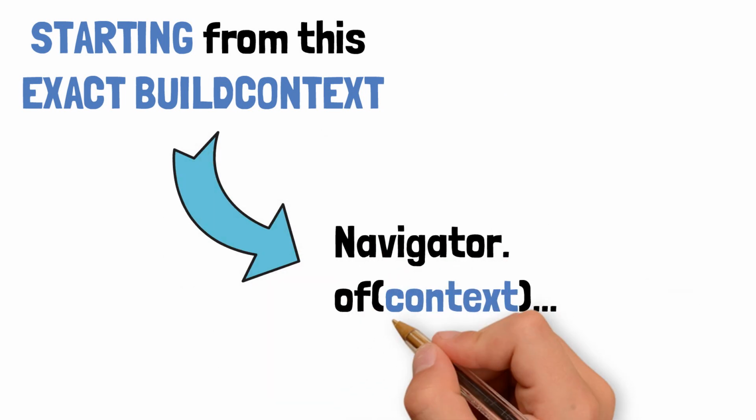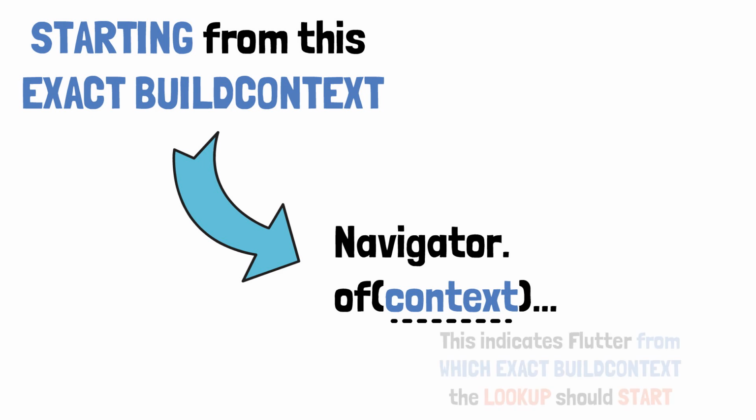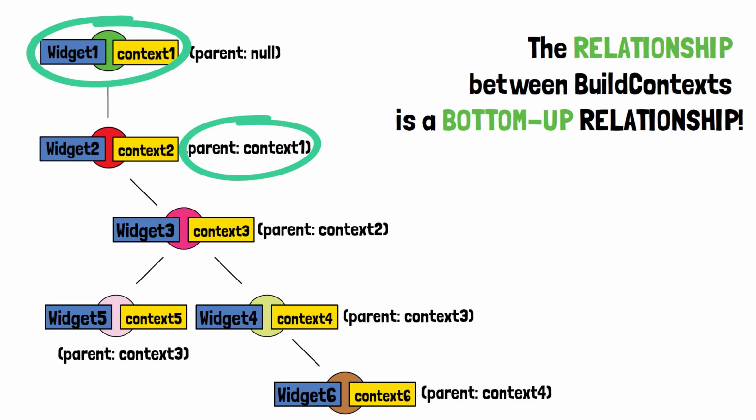As you can see, there is a BuildContext instance passed inside of Navigator state. This is done to indicate Flutter from which exact context inside the widget tree the lookup should start. As I told you before, in order to find a specific widget in the widget tree, you'll need to choose a starting context and then proceed upwards, parent by parent, until you find it.